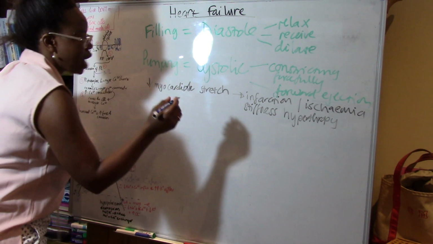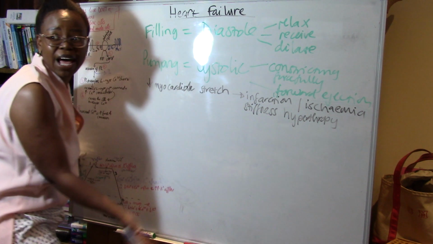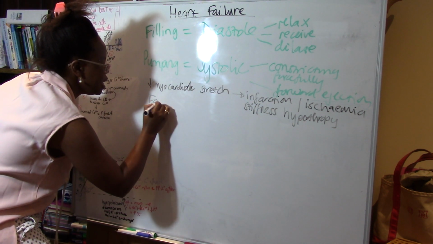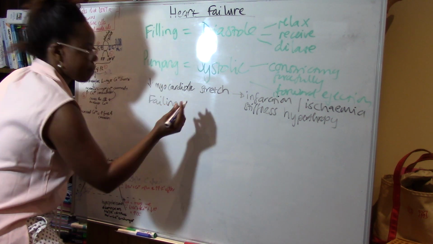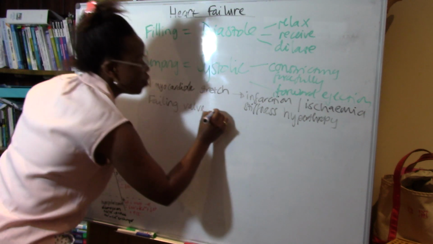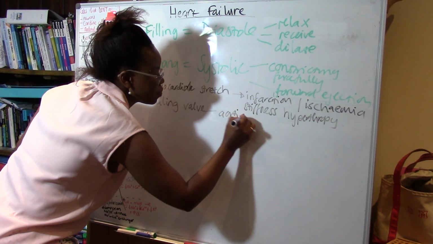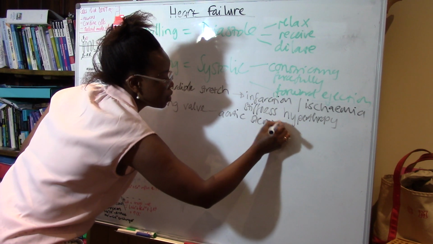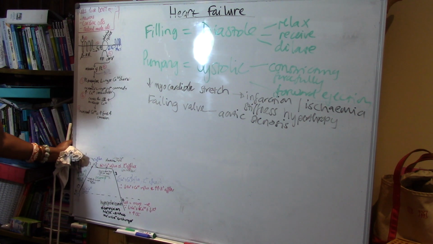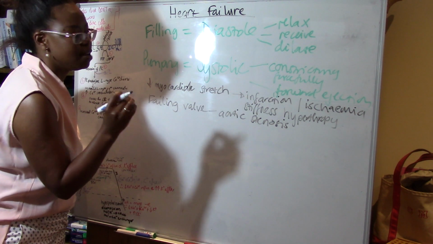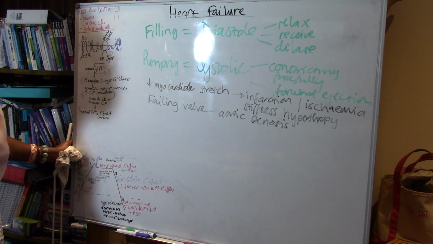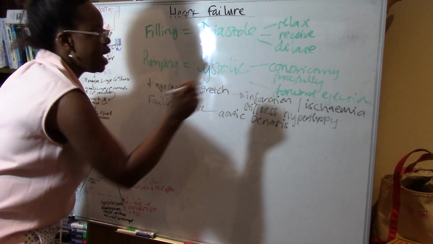And then things which will also stop blood from being pushed forward are perhaps a failing valve, such as aortic stenosis, which means that it cannot open properly, therefore blood cannot leave, no matter how forcefully it is being pushed against something that's closed.